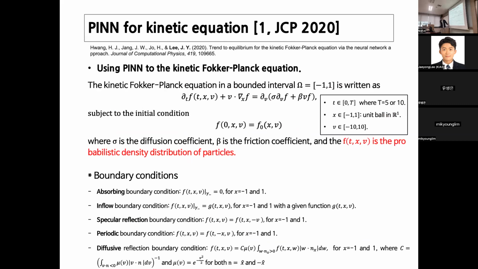But when we calculate these derivative terms to make a residual loss of this equation, for example in 3D, then this equation has 7 dimensions: t, 3 dimensions for x, and 3 dimensions for v. Then it will have a very large computational cost, but this algorithm can still be used to solve that case. Thank you.